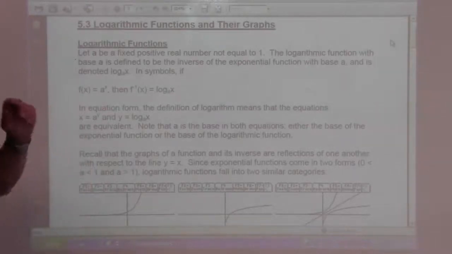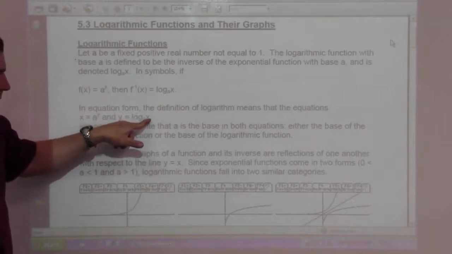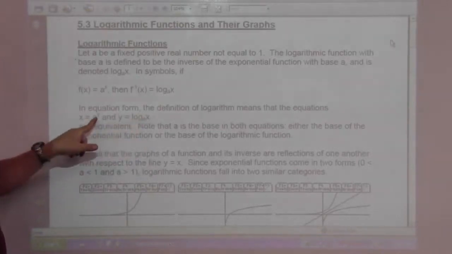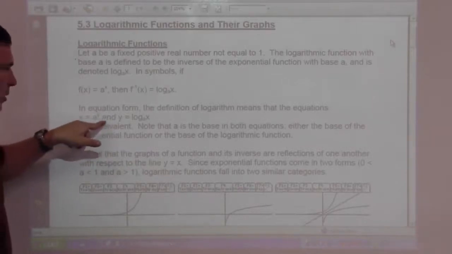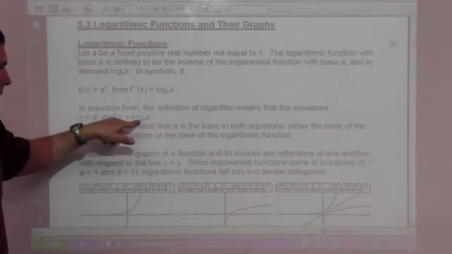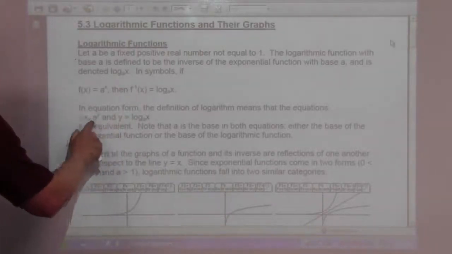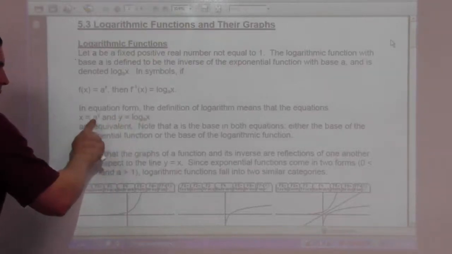So another way to think of it is this. y equals log base a of x would be like saying, okay, a to what power makes x? a to the y equals x. So this exponential and this logarithmic equation are very related. That y says, a to what power makes x?